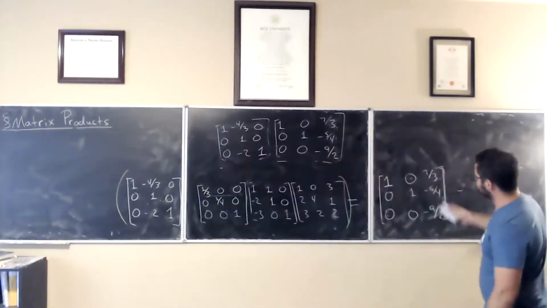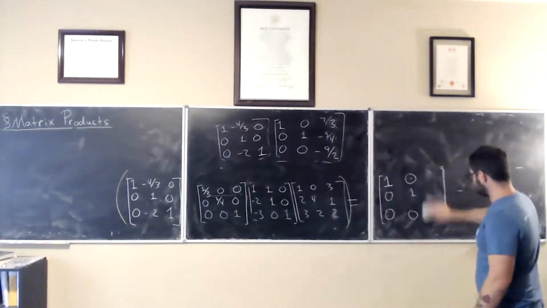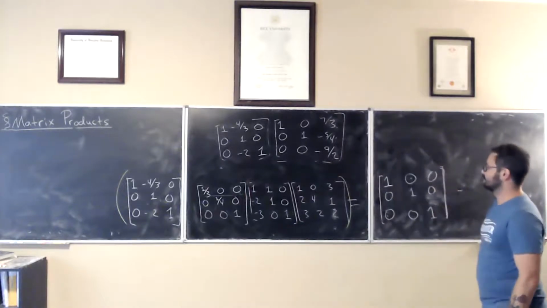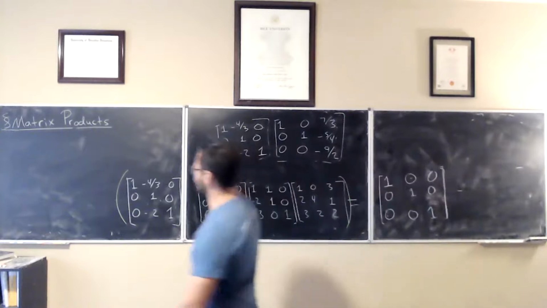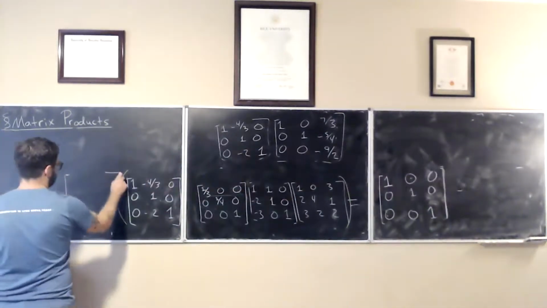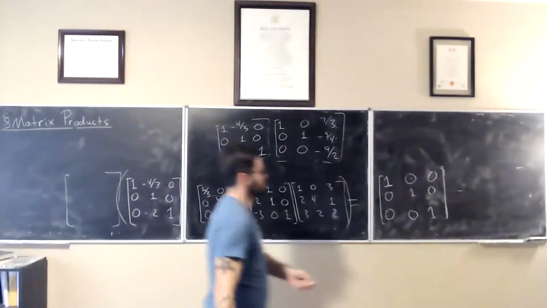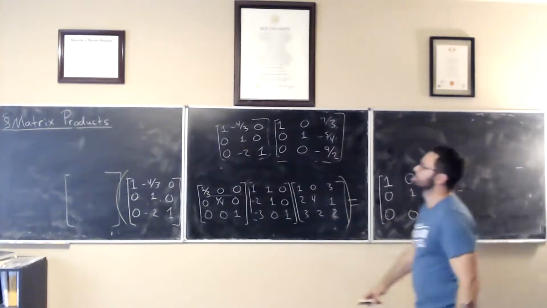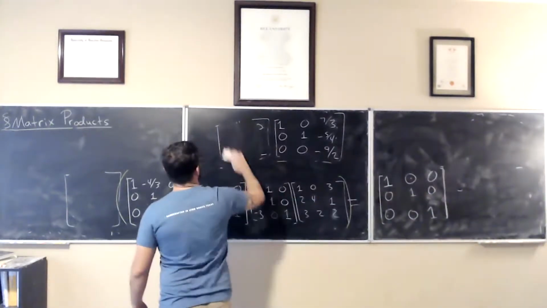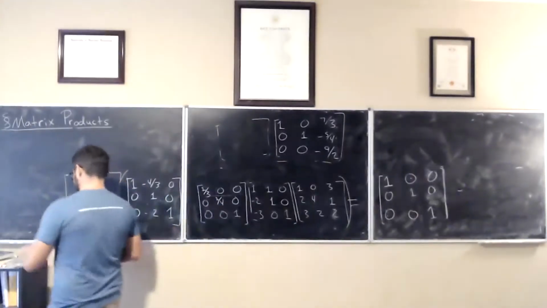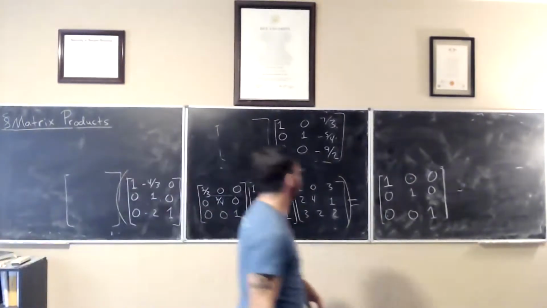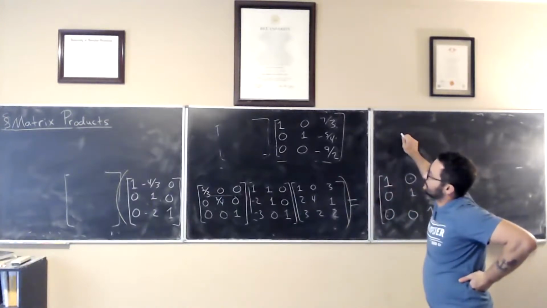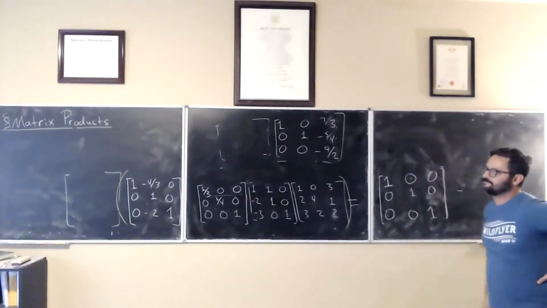Okay, so now I want one more product. Tell me how to do that. How can I for sure get the 1 right there?